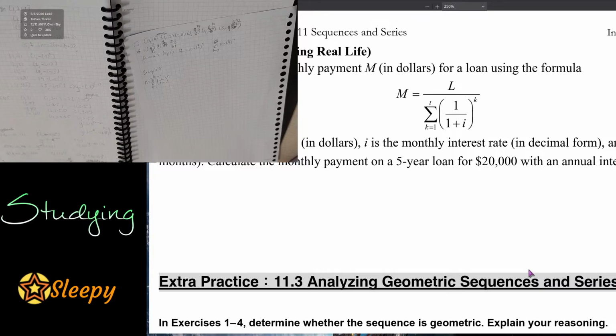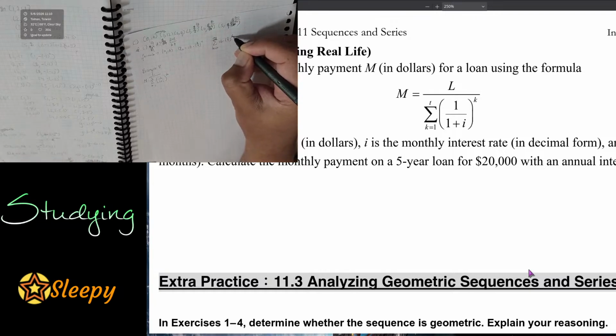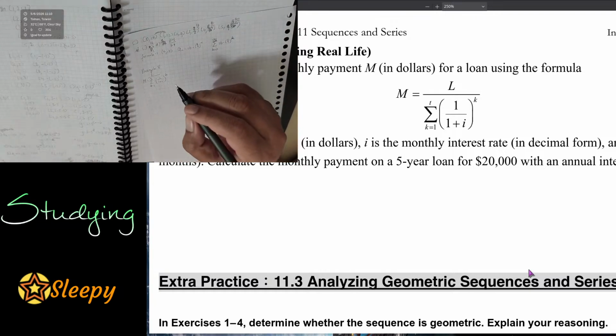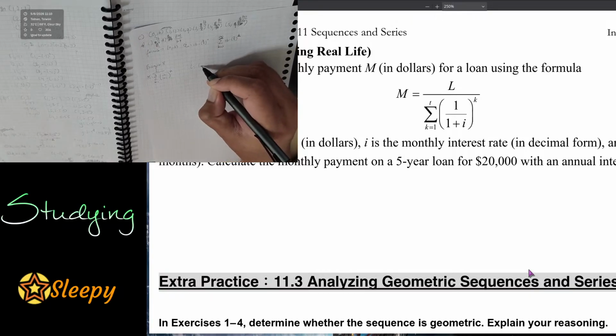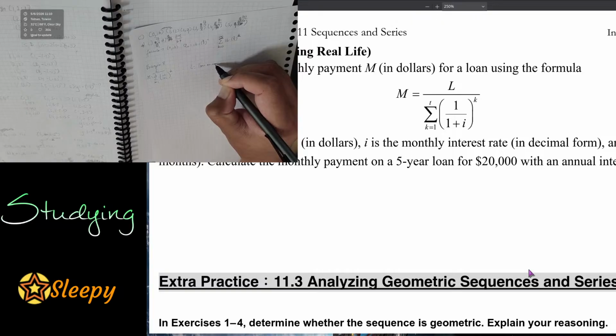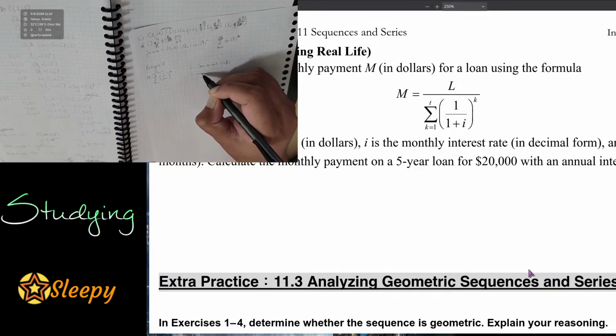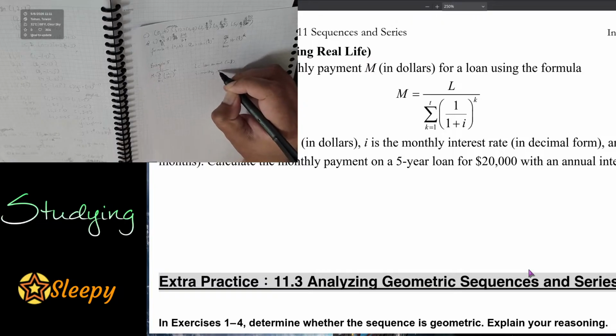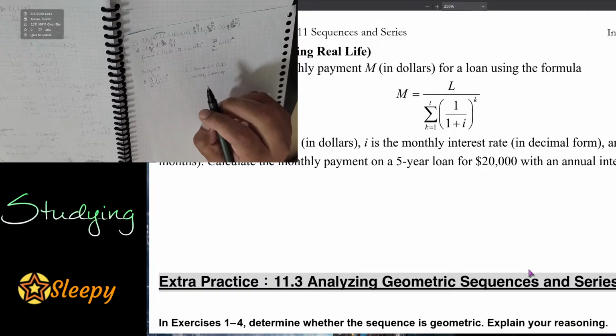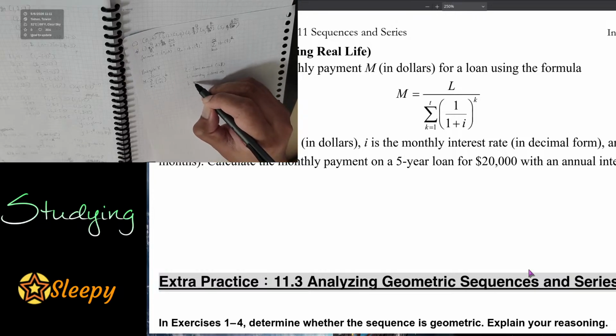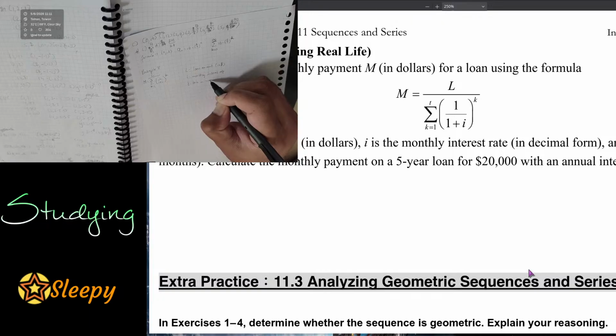L is the loan amount, capital L, and i is the monthly interest rate. T is the term in months.